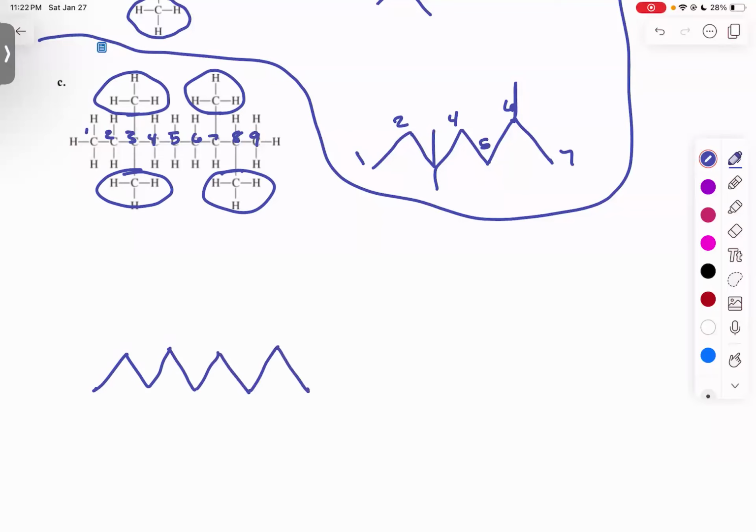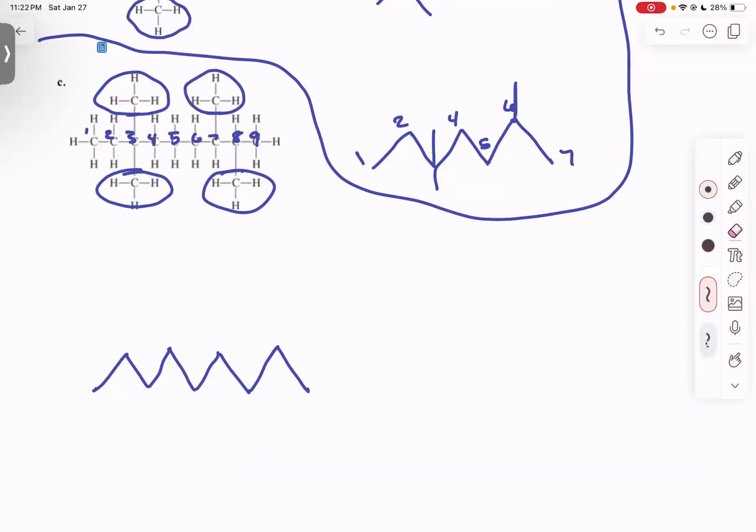And it doesn't matter. You could start by going down, 1, 2, 3, 4, 5, 6, 7, 8, 9. You just see if it's an odd number. If you start up, you're going to end up. If you start down, you're going to end down. But it doesn't really matter which way you do it. Makes no difference at all.